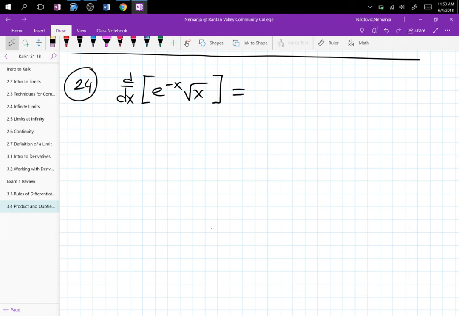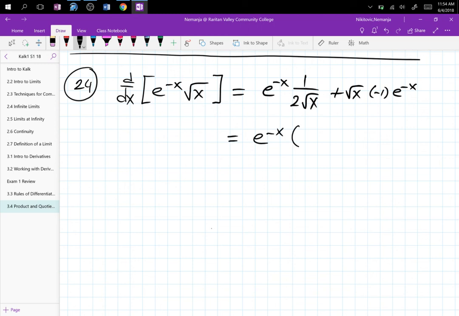All right, so product rule is copy the first, derivative of the second, plus copy the second, times derivative of the first. Now, this is like negative 1 times x, and then e to the negative x there. We can pull e to the negative x as a common factor, and we are left with 1 over 2 root x minus root x.